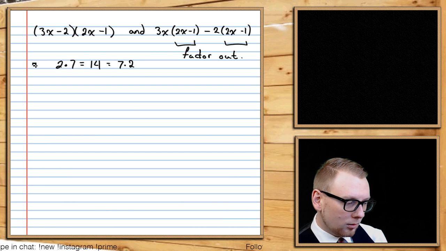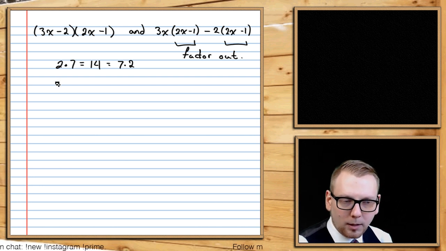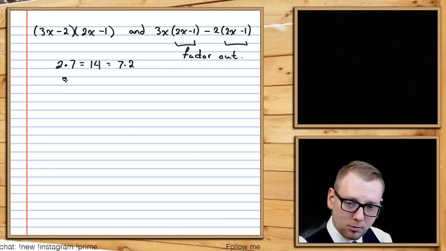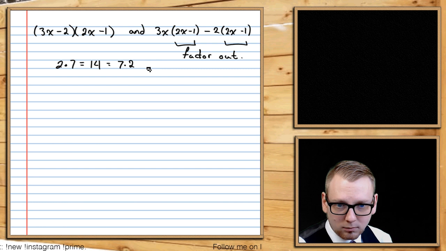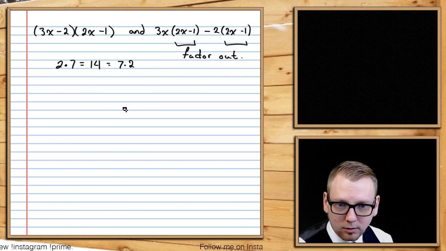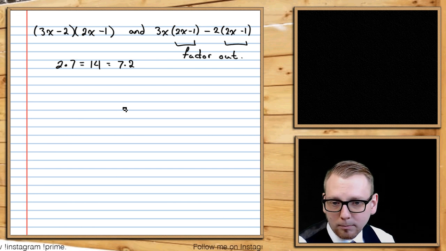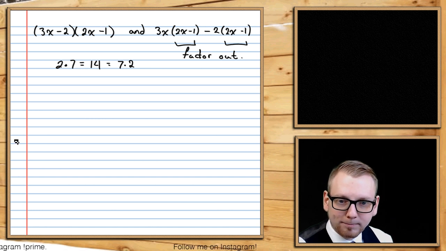So when we have two terms multiplied onto each other, it doesn't matter which order, they're the same. So you can just change the order.